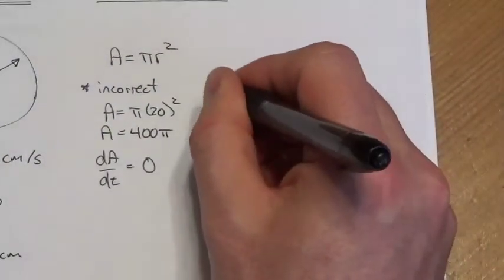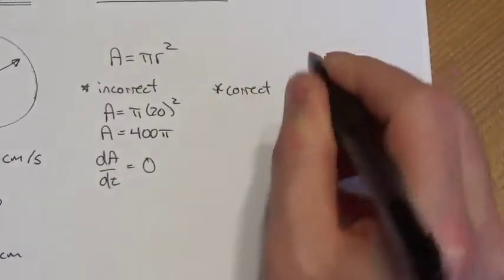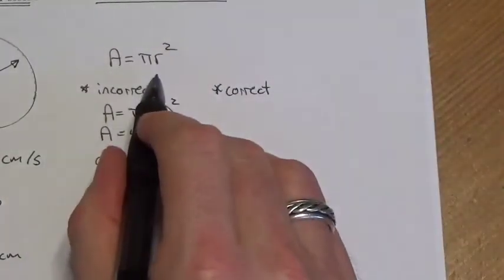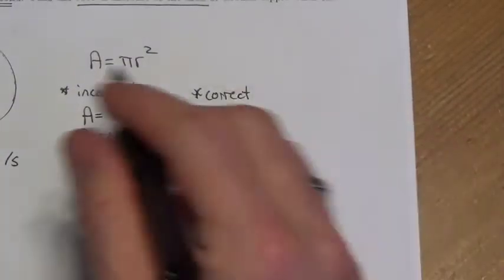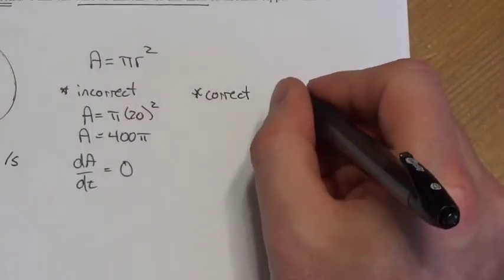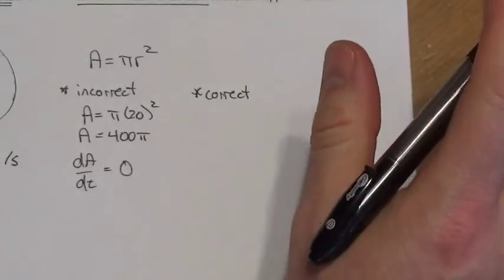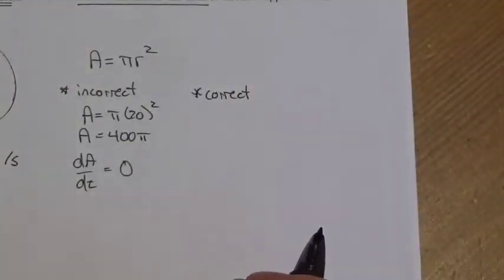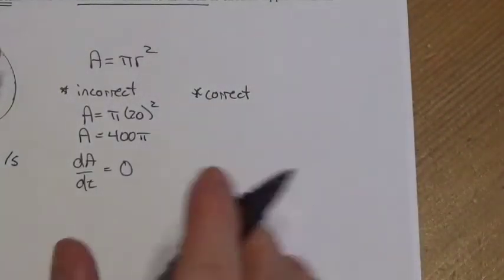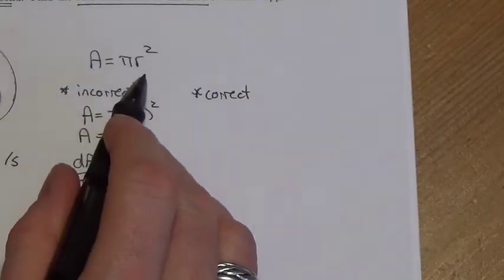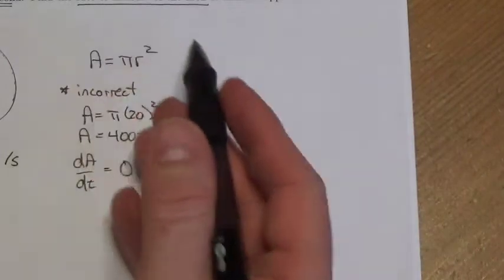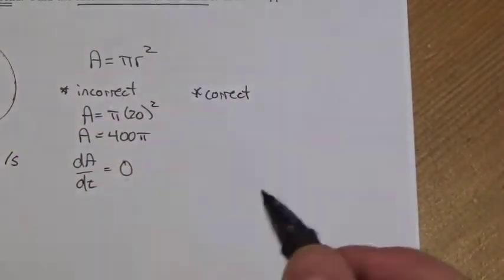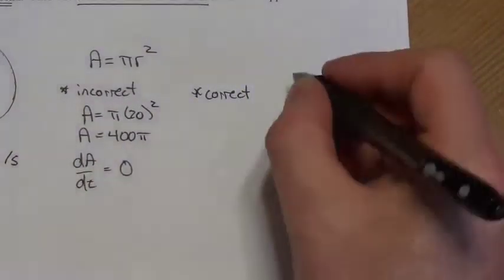Here's the correct way to do it. You've got area is equal to pi r squared. Let's take the derivative of that equation, and bear in mind that I am taking the derivative with respect to time. Time is the independent variable here. It's not r, it's t. Notice that t does not show up in this equation, so I'm going to have to take the derivative implicitly.